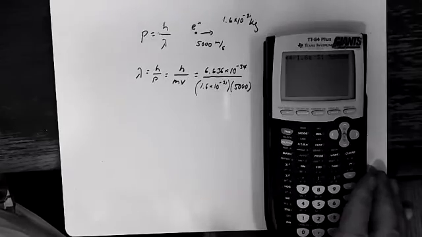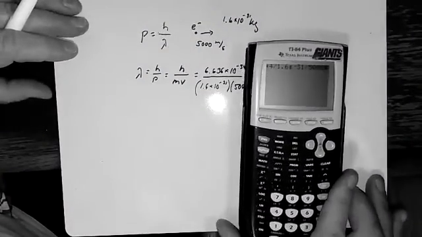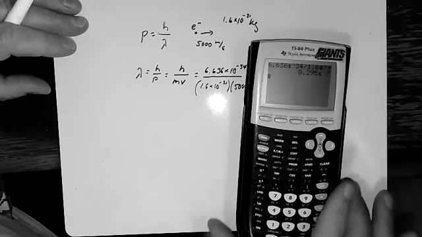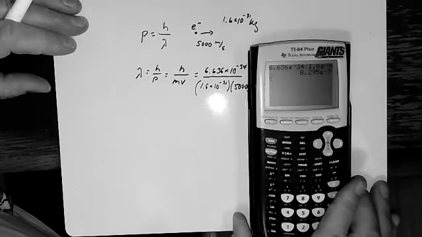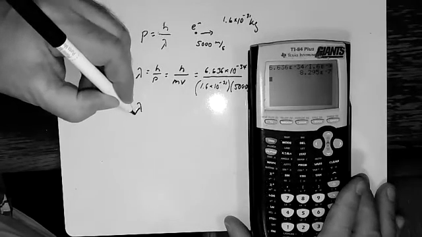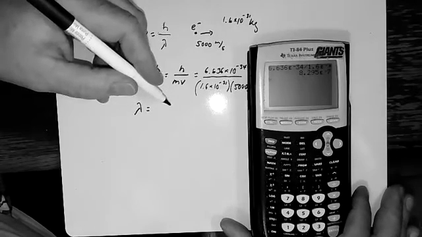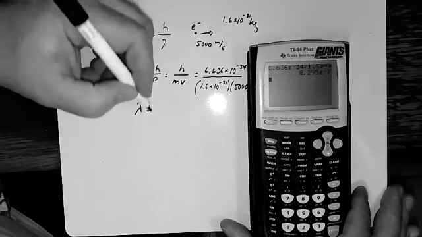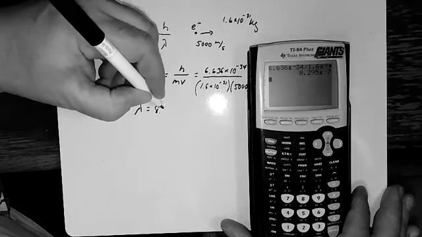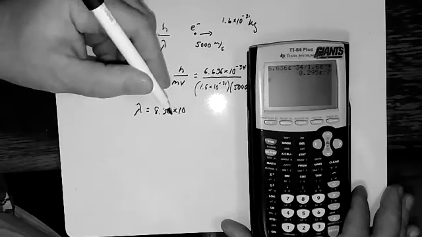Let's see if I put the light on, if we can see my calculator a little bit better. Okay, so it comes out to be about 8.3 times 10 to the minus 7.